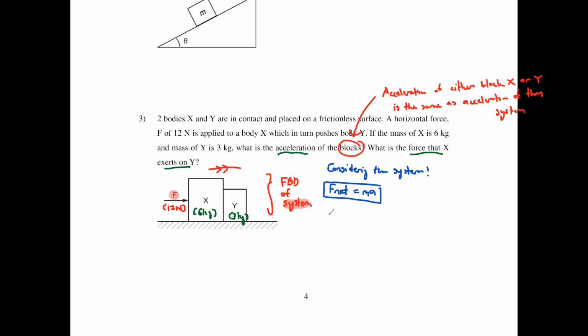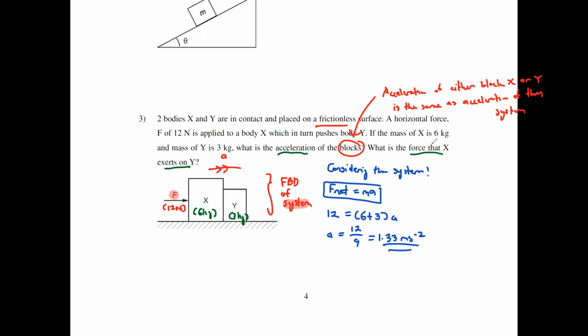My Fnet is just 12 equals (6 plus 3) times A, which gives A equals 12 divided by 9, giving me 1.33 meters per second squared. This will be the acceleration of either of the blocks. Bear in mind there are no other forces acting on the system here. It's a frictionless surface, so no friction to consider.